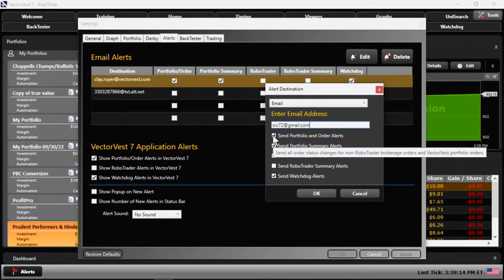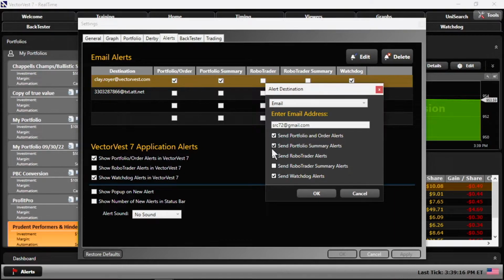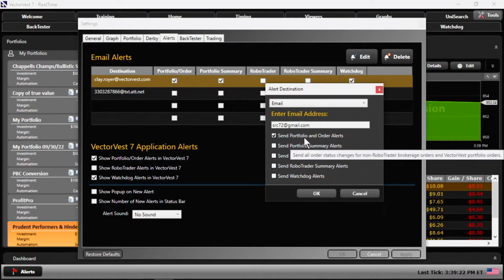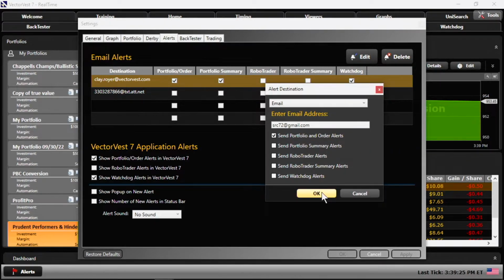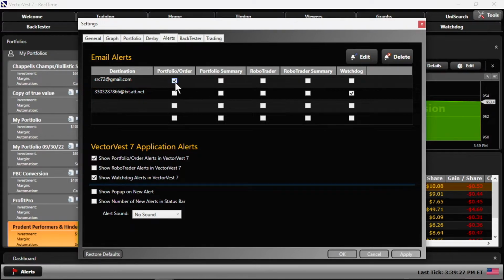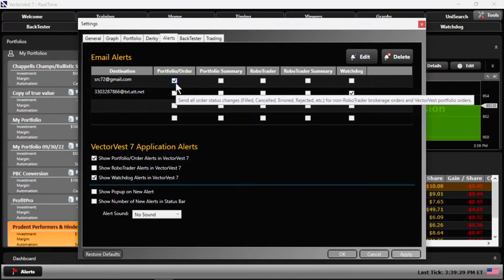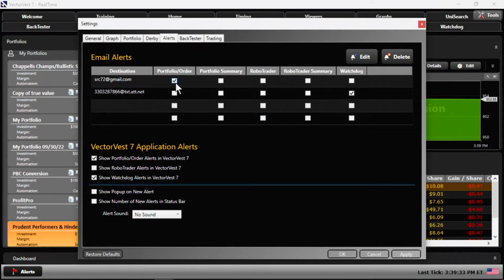If I go down here, though, I could send portfolio alerts. I could send summary alerts. I want the orders, you know? I want the orders. That's the most important thing. Now, when I click that, I got to know that if my system says, hey, today one of your stocks hit your gain loss of 99.10 on your long campaign, you're going to get an email.